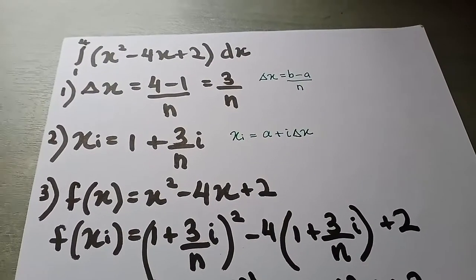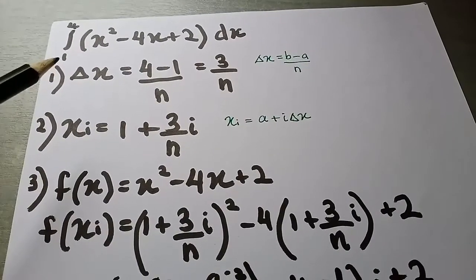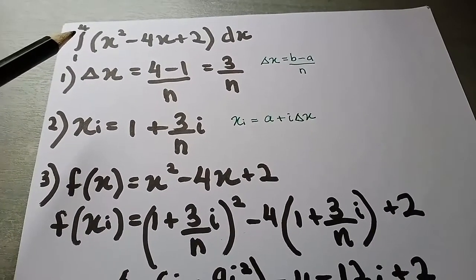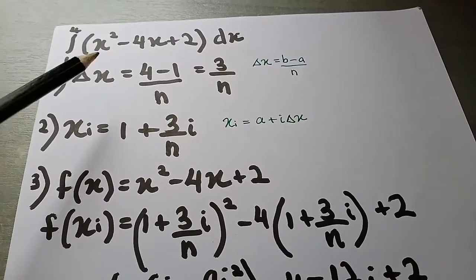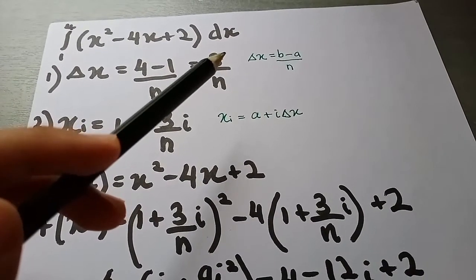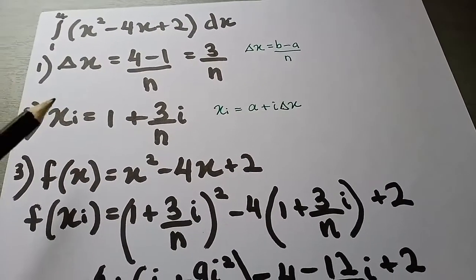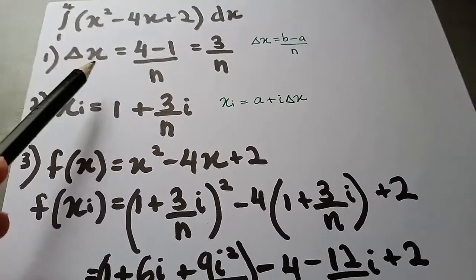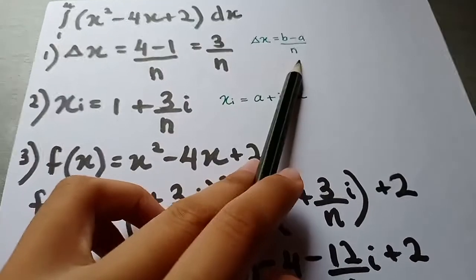So the question given is the integral from lower limit 1 to upper limit 4 of x squared minus 4x plus 2 dx, and we need to use the game plan as I taught before. The first step is to find delta x, with the formula b minus a over n.